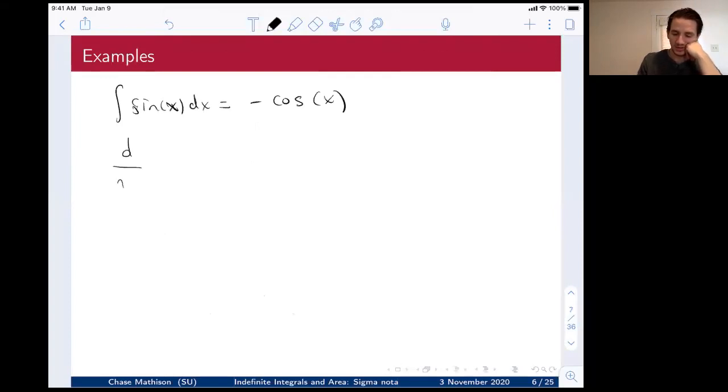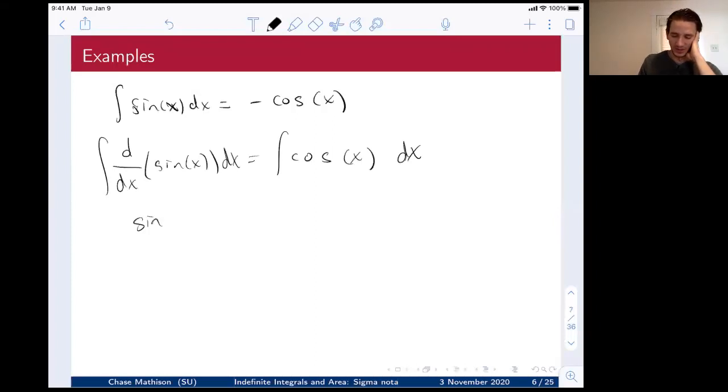Similarly, we know that the derivative with respect to x of sine of x is just cosine of x. So if I integrate both sides of this with respect to x, I end up with the antiderivative of cosine of x is sine of x. This side I'm just left with sine of x. This side I'm left with antiderivative of cosine of x.